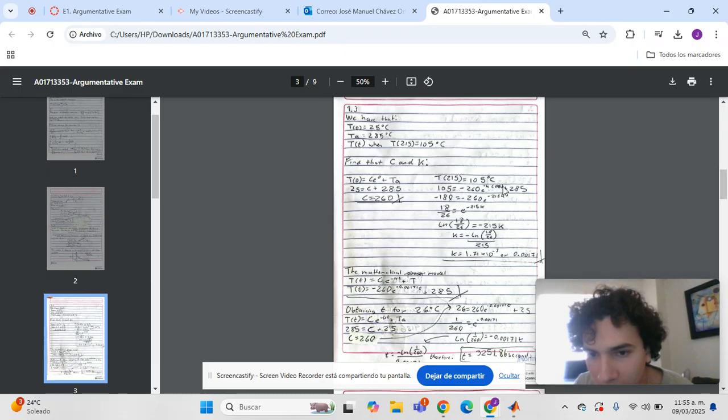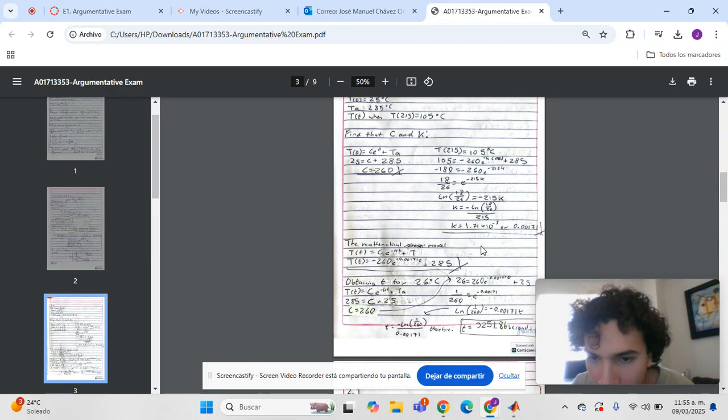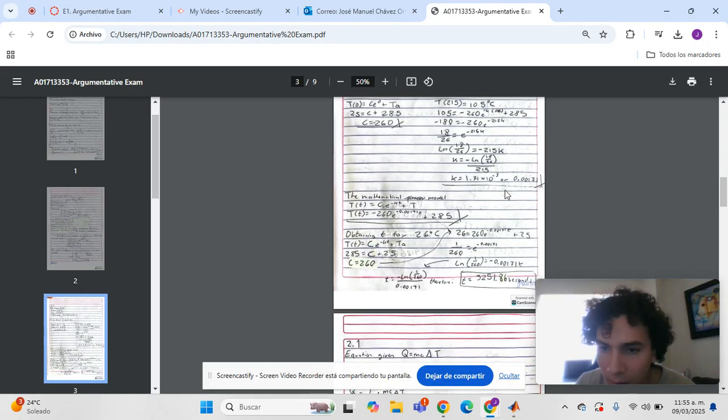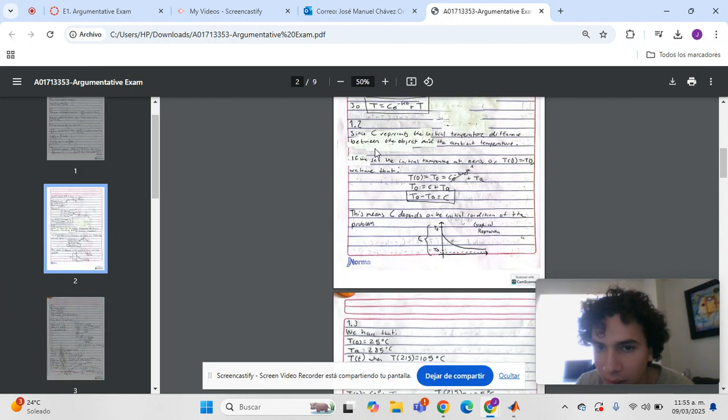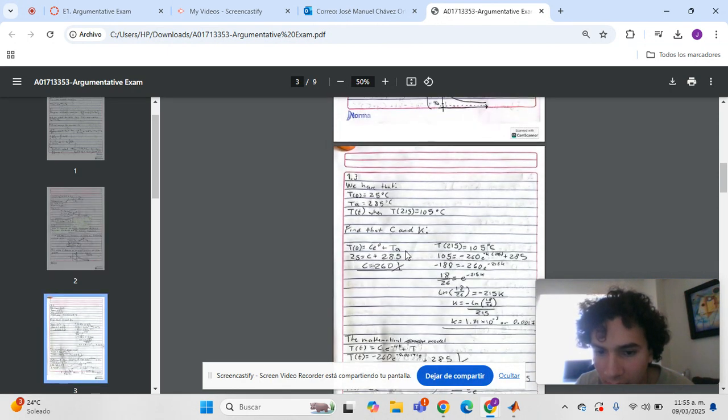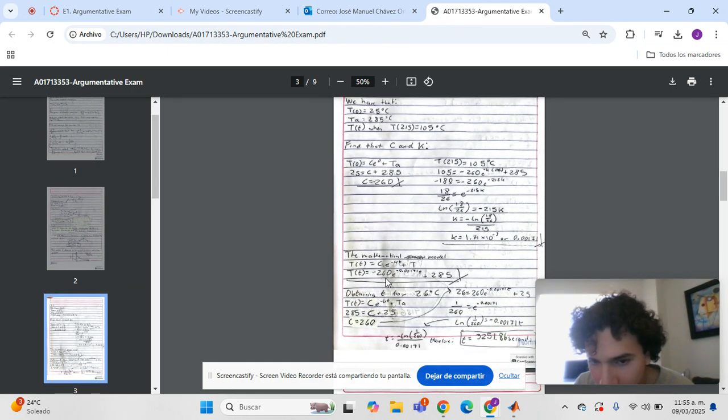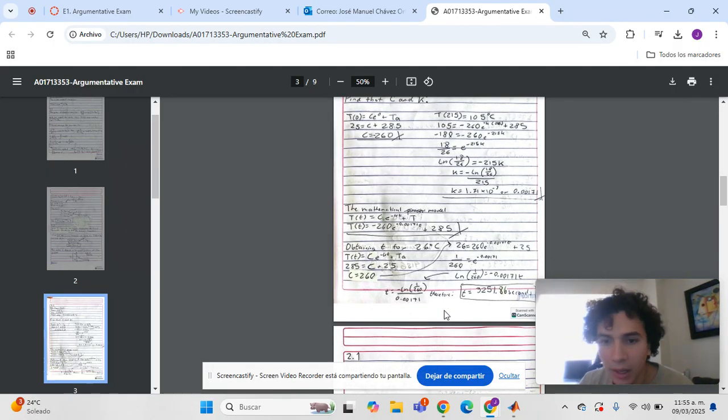We do the exact same for k, and after some long mathematical processes, we get this value in scientific notation, or just 0.00171. With these values, we substitute in the first formula, which gives us the mathematical model.